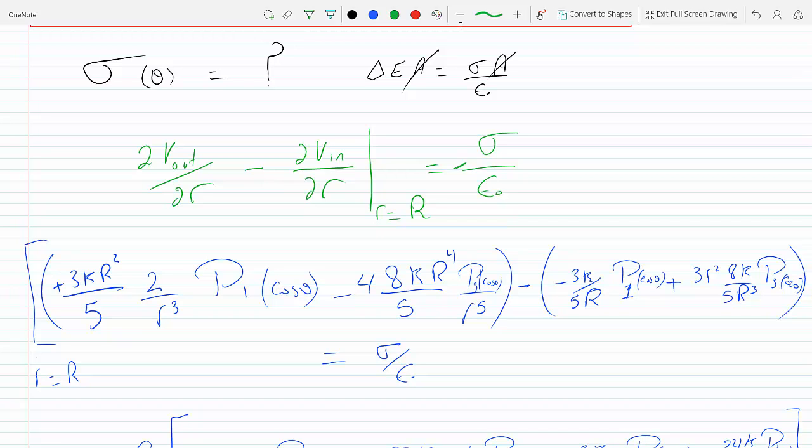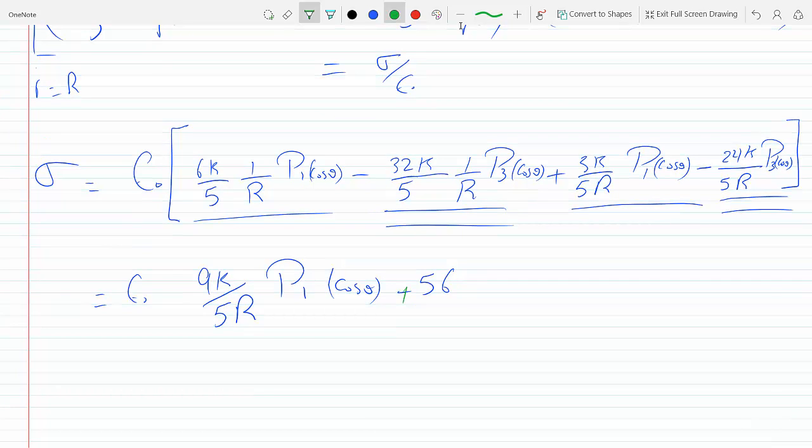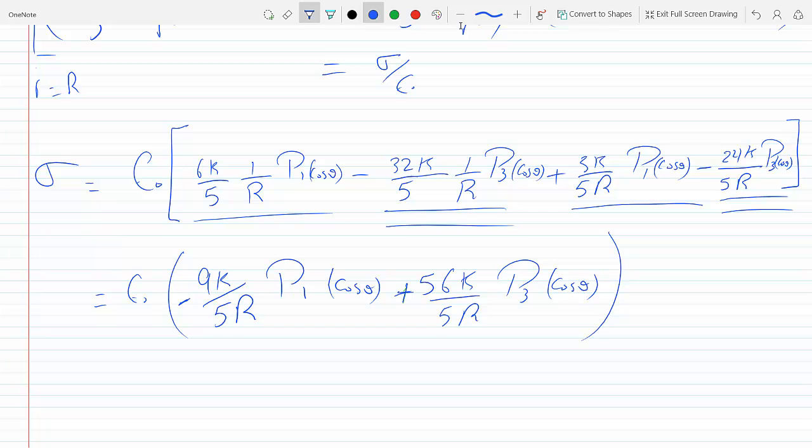The electric field is minus the gradient of the potential. So yeah, there's a minus sign. So it's fine, I could just flip those. So this is a plus, and this here is a minus. So 56k over 5r P3 cosine theta.